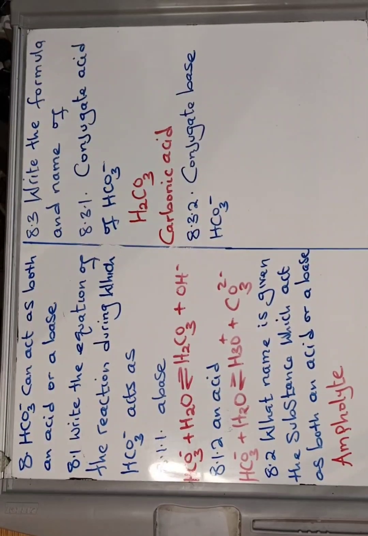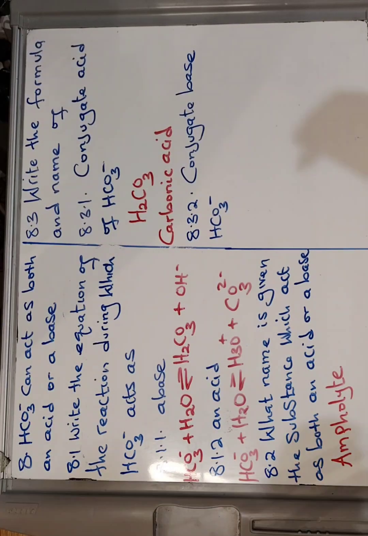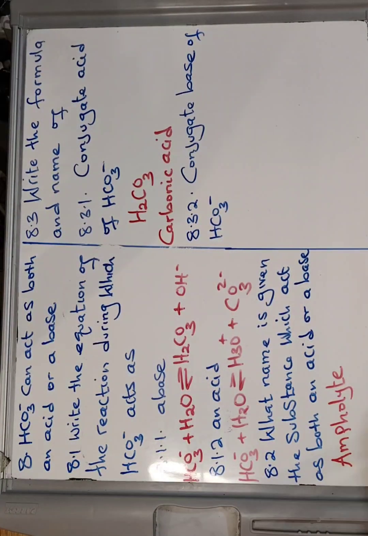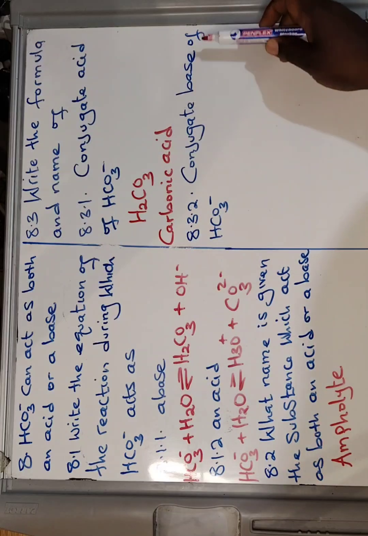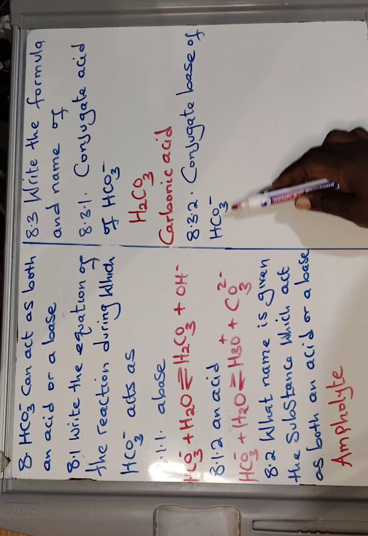Then comes this question. It says, write the formula and name of the conjugate base of hydrogen carbonate. How does this happen to be? When you hear the words conjugate base of, it means that whatever you have here is acting as an acid.